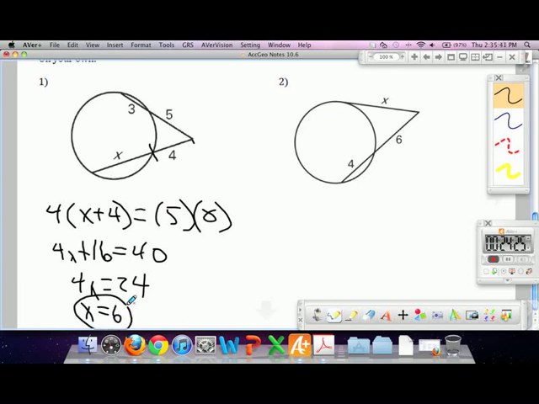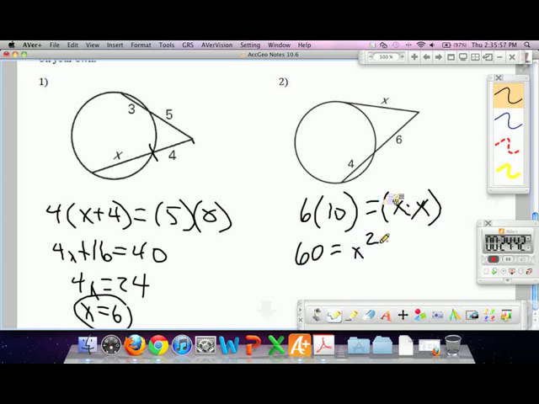Secondly, we have external part times whole segment, which is 10, is equal to external part times the whole segment. For a tangent, they're the same. So 60 equals x squared. Square root of each side, we get x. Technically, we get plus or minus, but we can't have a negative length, so we'll throw that out.